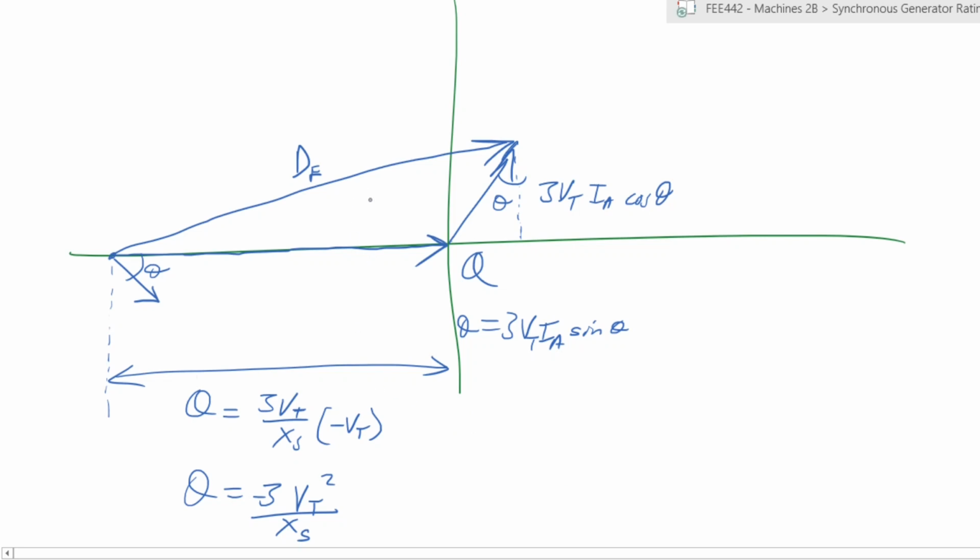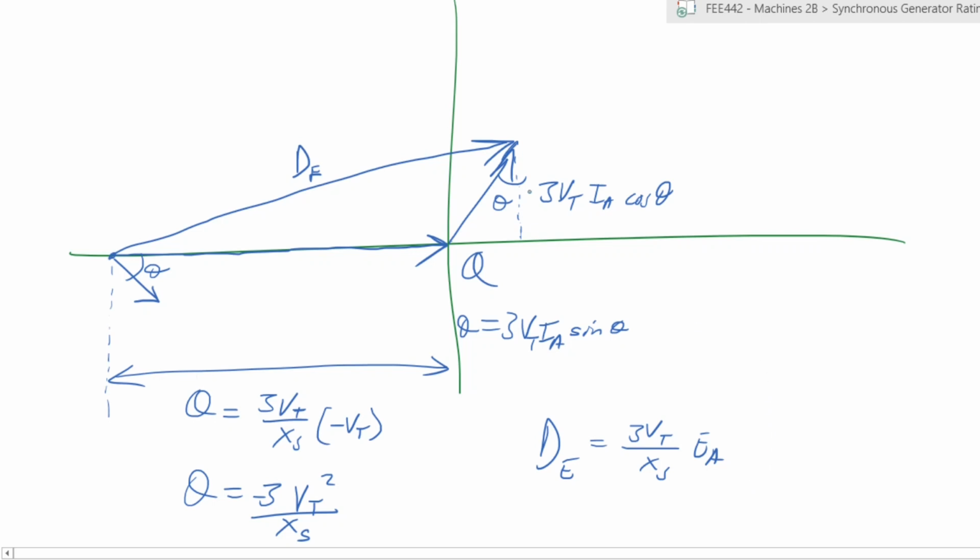And similarly, for DE, you would have our vector here, DE. You would have 3 VT over XS into EA. Okay.